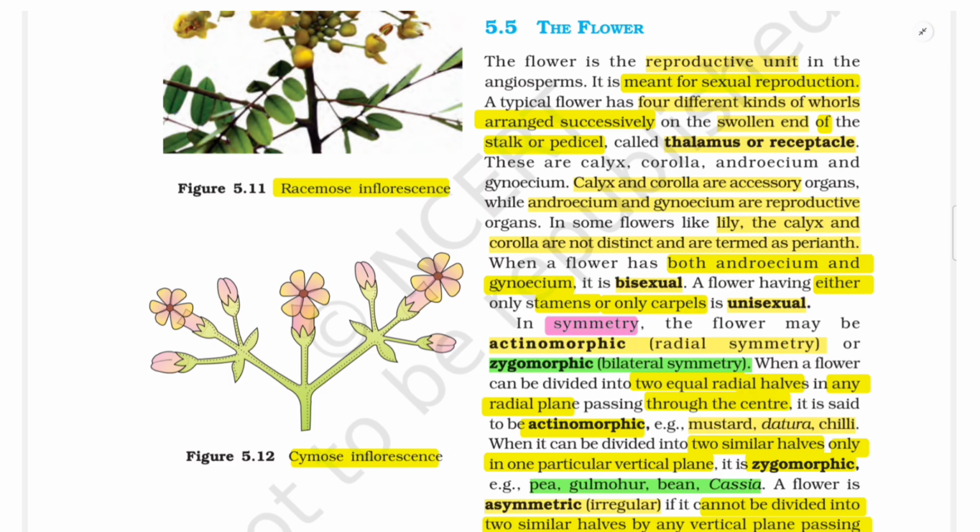Calyx and corolla are accessory organs, while androecium and gynoecium are reproductive organs. In some flowers like lily, the calyx and corolla are not distinct and are termed as perianth. When a flower has both androecium and gynoecium, it is bisexual. A flower having either only stamens or only carpel is unisexual.